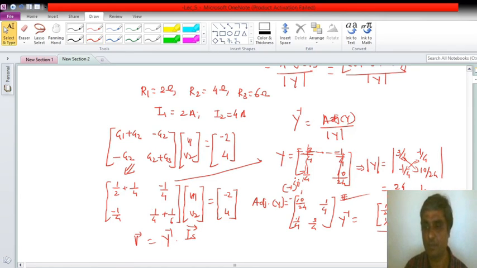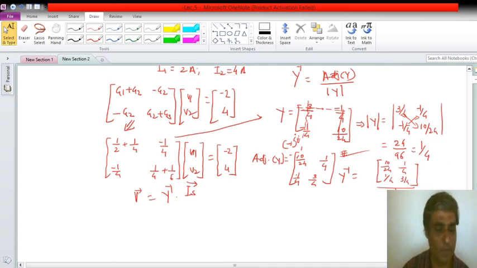And 4 will be multiplied, so the resultant unknown vector V bar will be this.